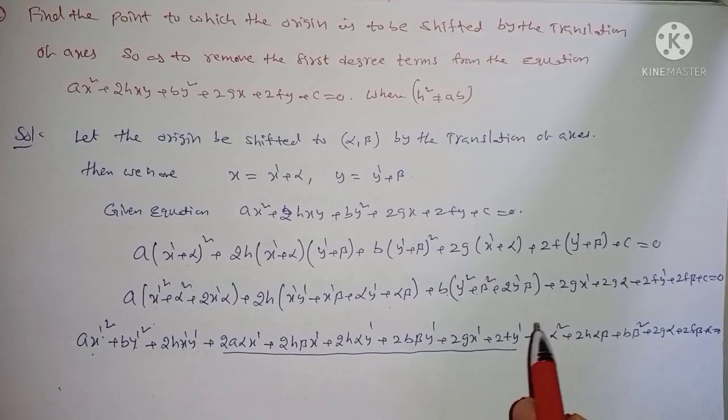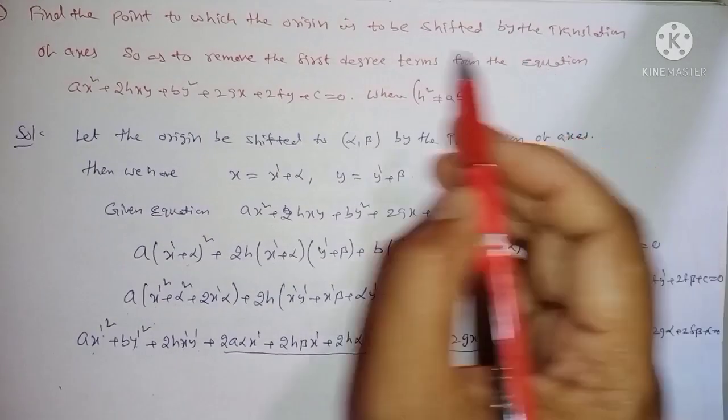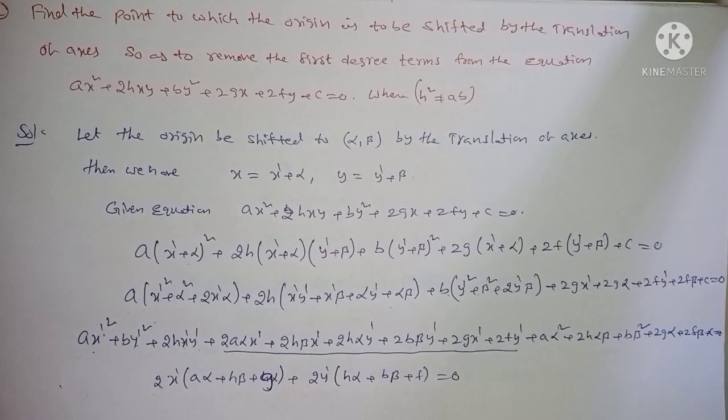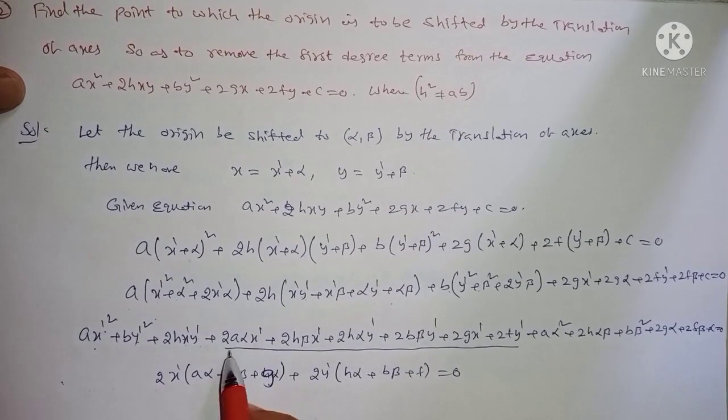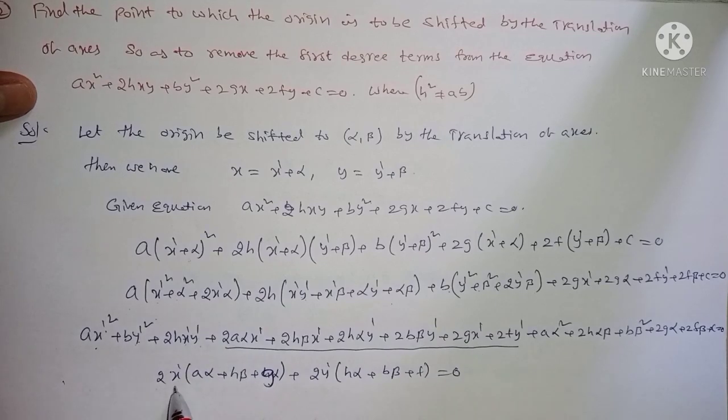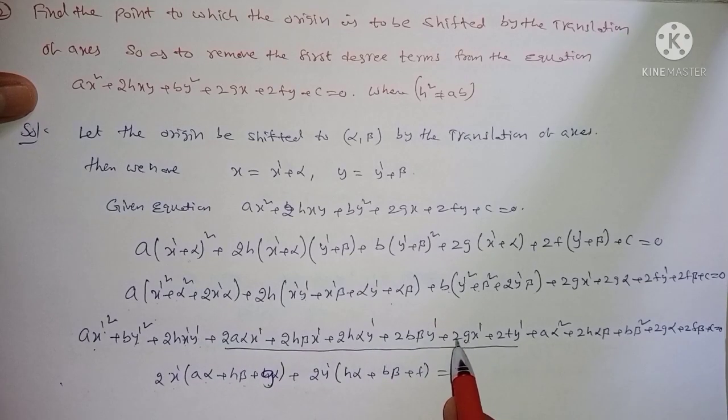For the first degree terms, you can take this part from the equation. To remove the first degree terms, this total should be equivalent to 0. You solve it and you get the alpha and beta values. Listen, in the x dash and y dash terms you can take 2x dash common. The remaining term is a alpha plus h beta, and this is already 2g, therefore taking 2x dash common leaves g only.